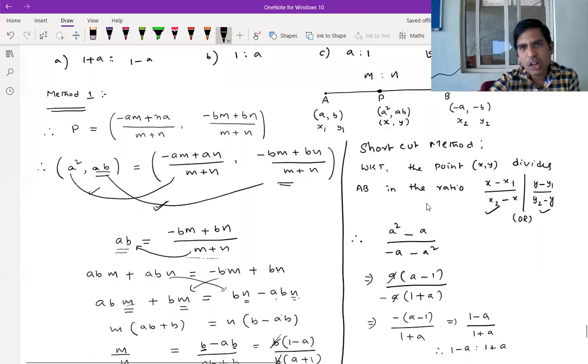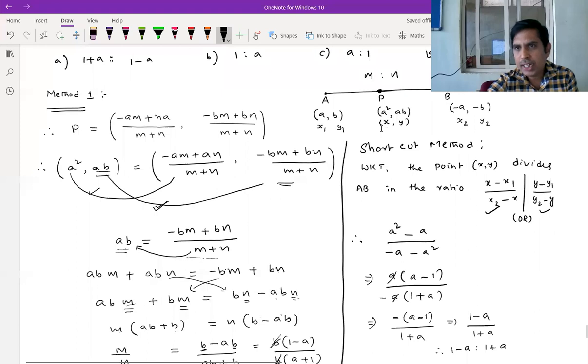The shortcut method means the formula, just as I showed on that screen. With that formula, the point x comma y divides the line segment in the ratio x minus x1 by x2 minus x, else you can use y minus y1 by y2 minus y. Any one, you will get the same answer only.